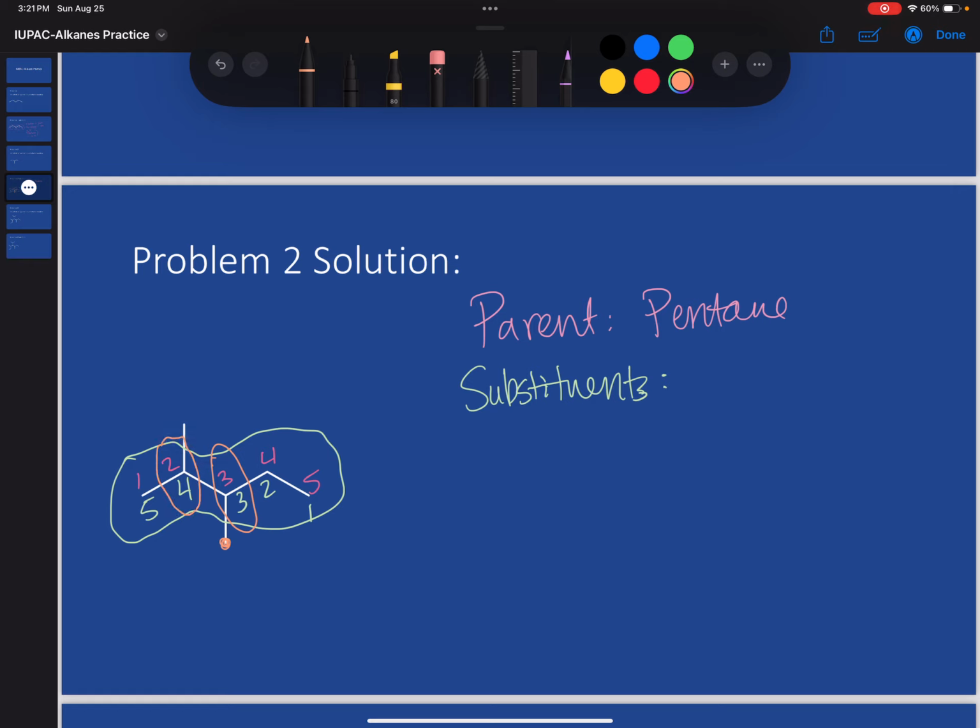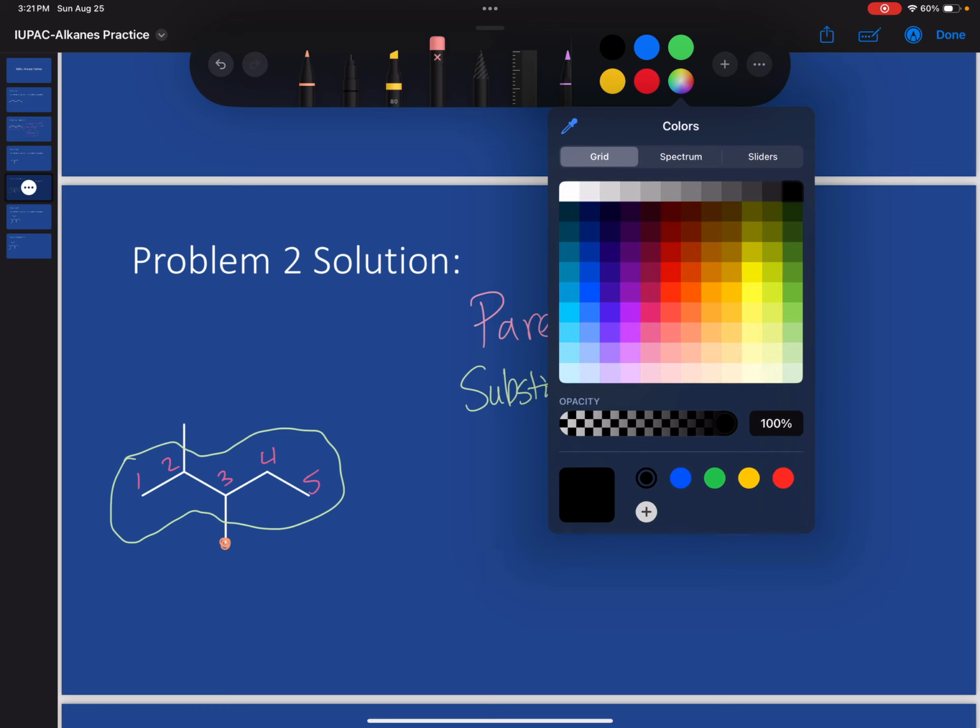And again, I prefer my numbering to have the lowest number possible. And therefore, I would want this one to have 2 instead of 4. So that tells me that the pink numbering should be the correct numbering for this compound. All right. So now we know what our numbering should be.